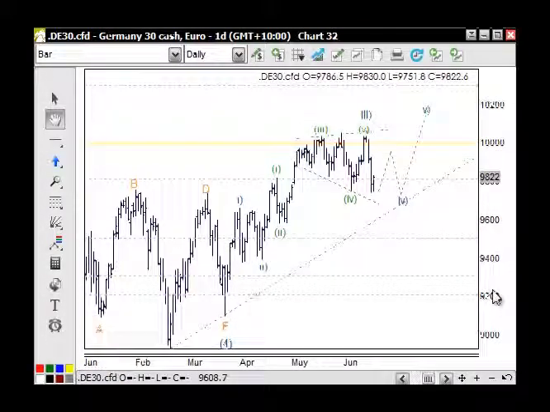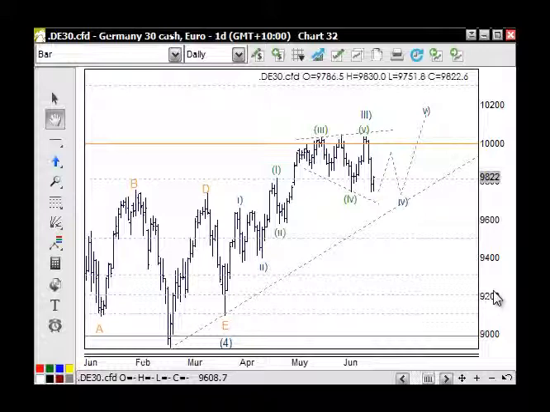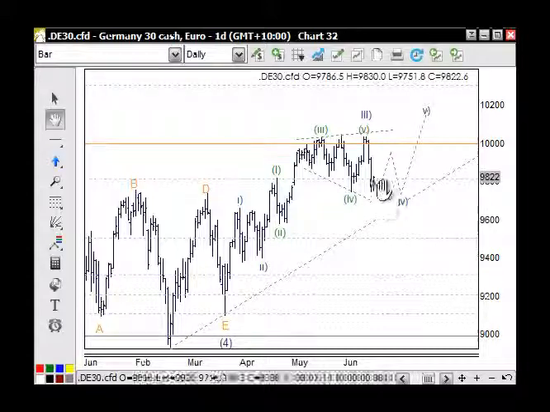The DAX as well. Look, it's a bit tricky up the top here. It certainly looks like a symmetrical triangle, expanding triangle as such, and can certainly push up from this point here. But I've loaded it up so we've got a move up here to the 61.8 retracement area, which is the 9,900 area, then a move down and then up from there.